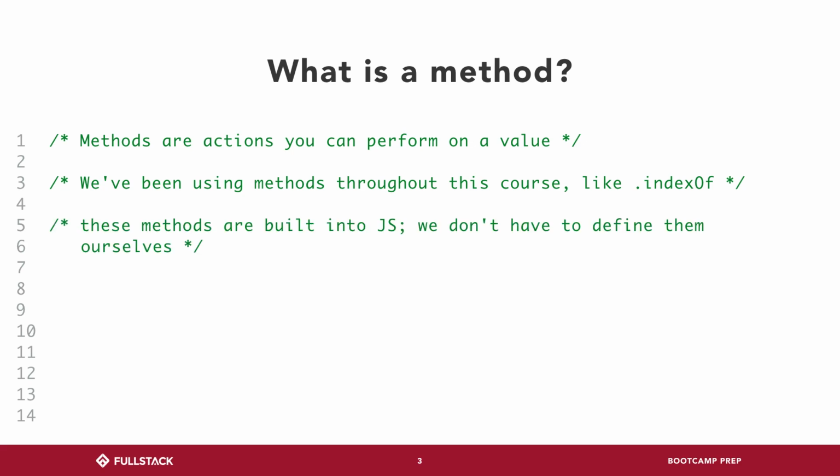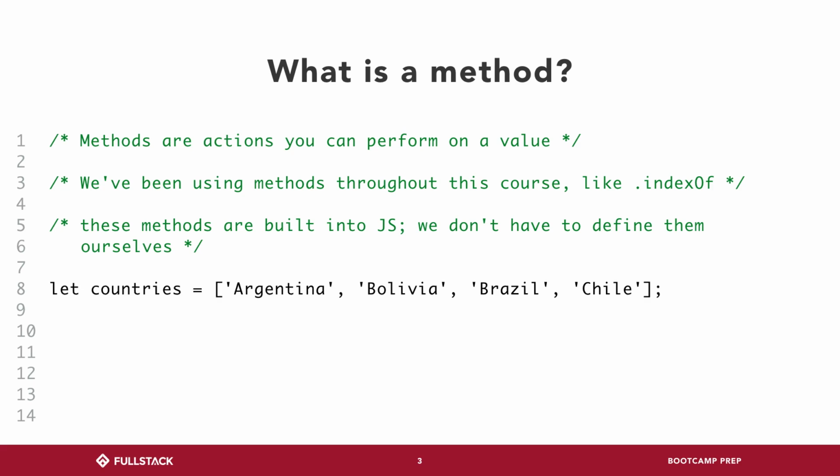So these methods are built into JavaScript. We don't have to define them ourselves. JavaScript does that when we create some data type with quotes around it or with brackets around it; it will make that object under the hood act like an array or act like a string.